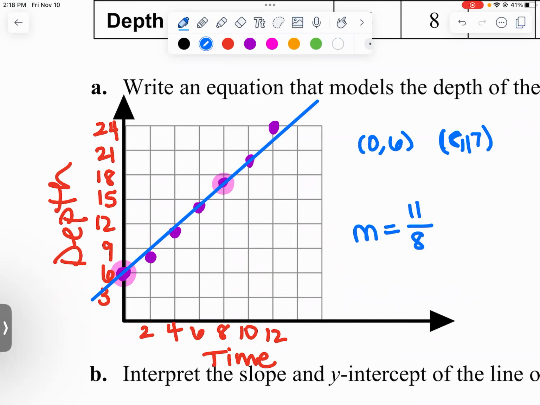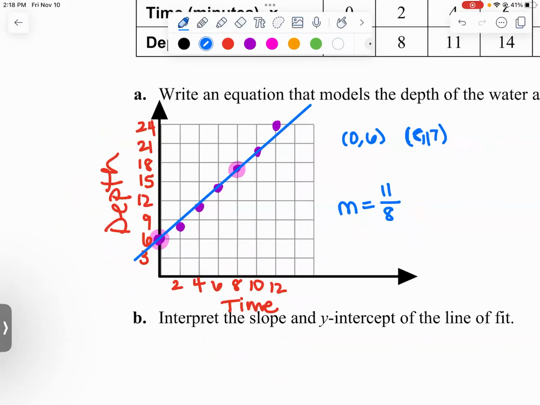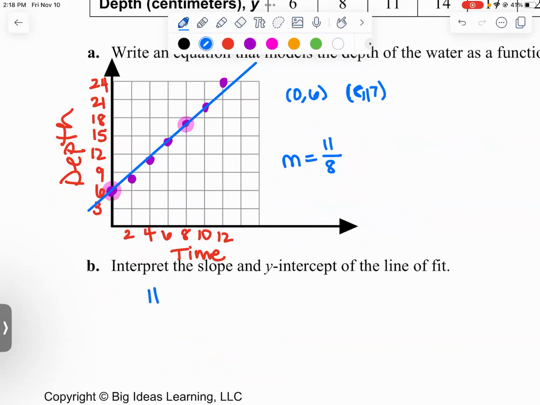So we have a little bit more than 1 centimeter per minute that our tub is filling up. That is a slow tub, right? Does that seem slow? It's either a slow tub or it's just a really big tub. It's a pool. Even a pool will take a lot longer than that.